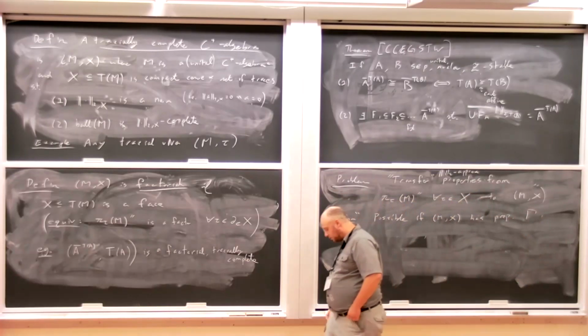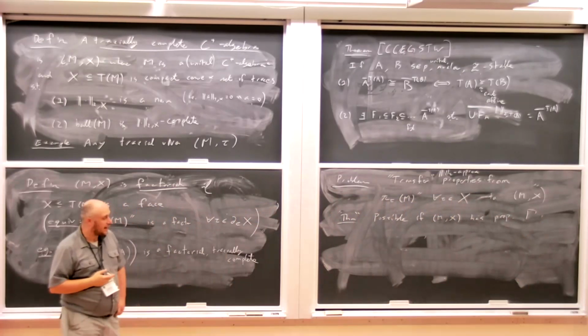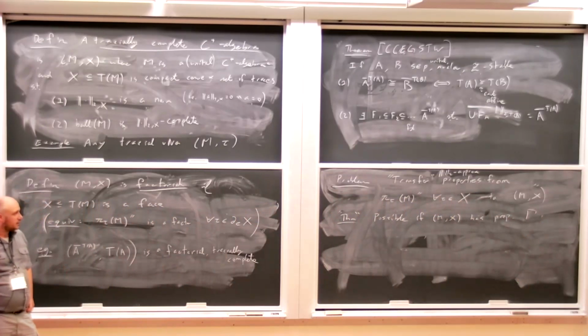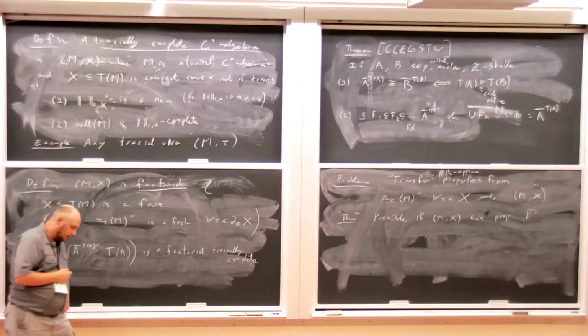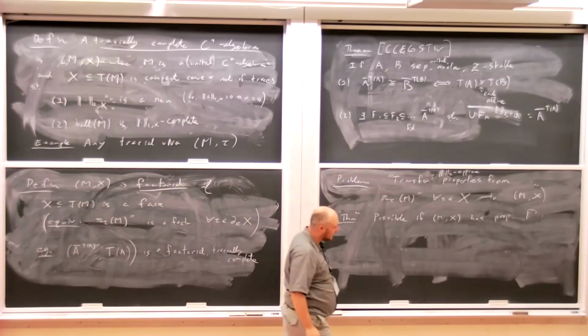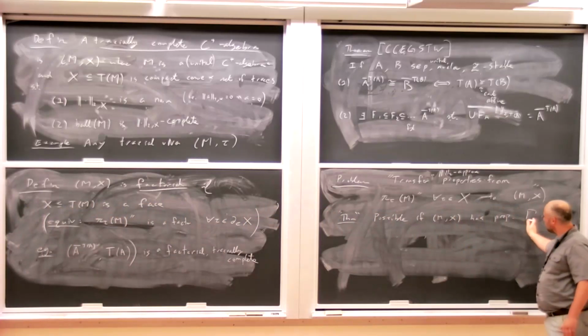The basic theorem, which I won't say anything close to rigorous here, is that it's possible under a suitable notion of property gamma. Property gamma means there's an approximately central projection of trace a half. I want to be able to do that not just in the two-norm of a single trace, but in the uniform two-norm, an approximately central projection of trace approximately a half. You need something a little bit stronger than that for the actual definition.